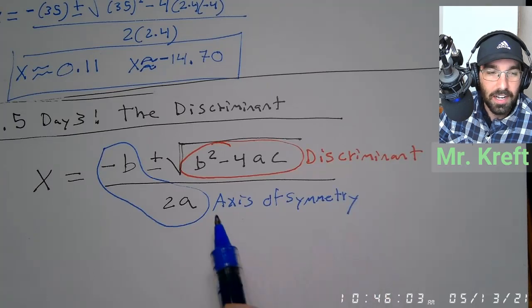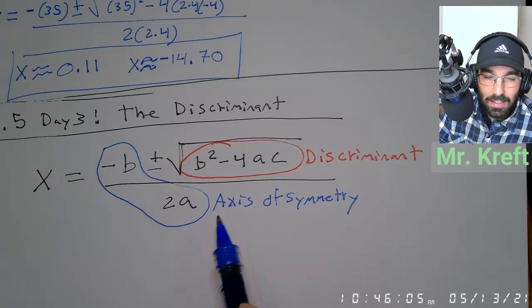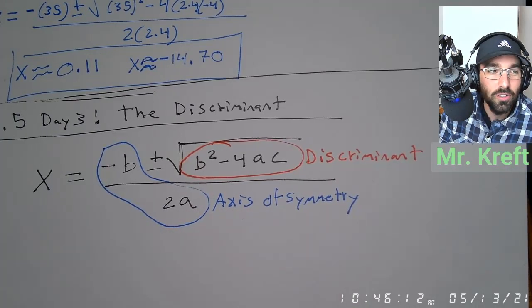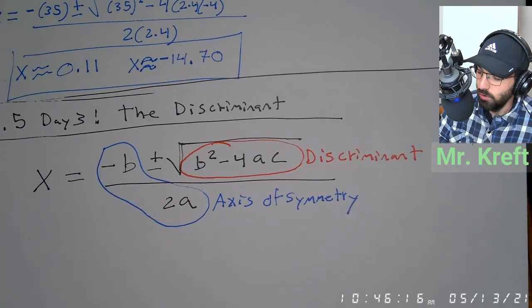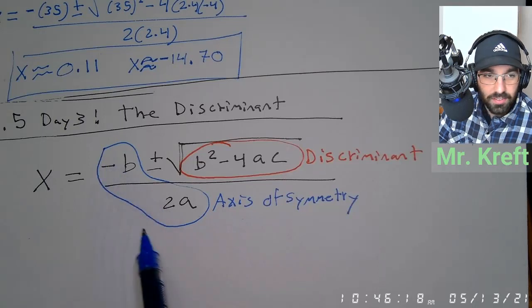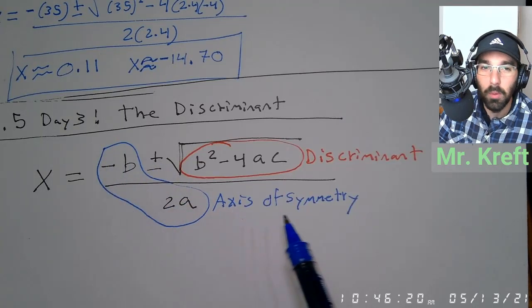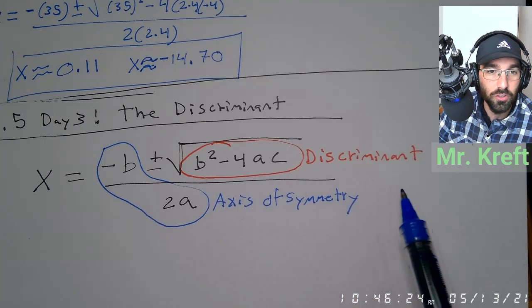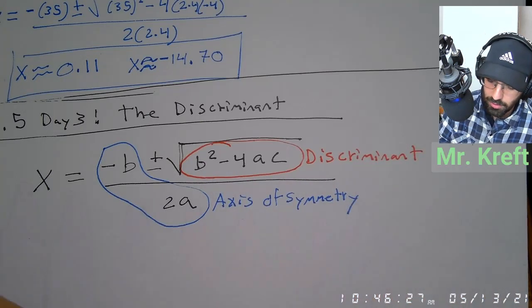Actually, I take that back. I think we're going to get a little bit into the axis of symmetry, but not a lot. You definitely are going to do a lot more in Algebra 2 with axis of symmetry. Again, this tells us about the axis of symmetry, but we're not going to be really focusing on that today. We are going to be focusing on the discriminant and what that is going to be doing.